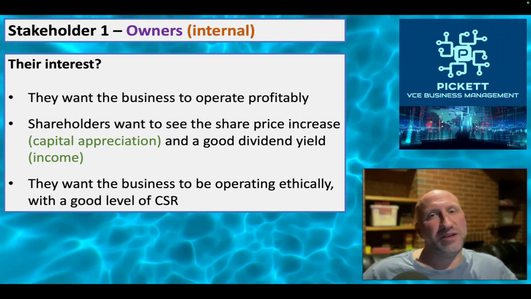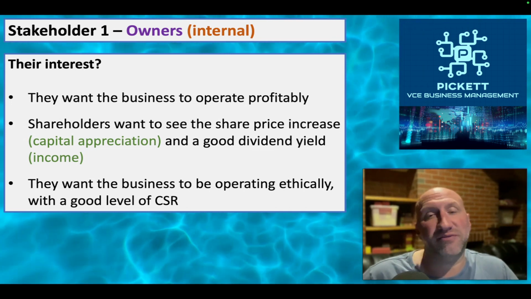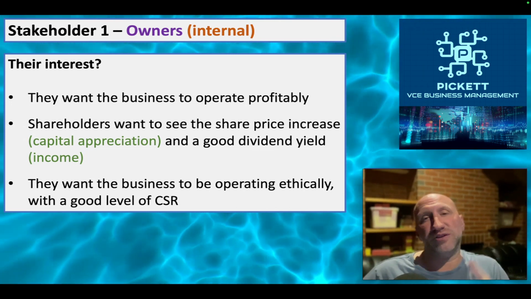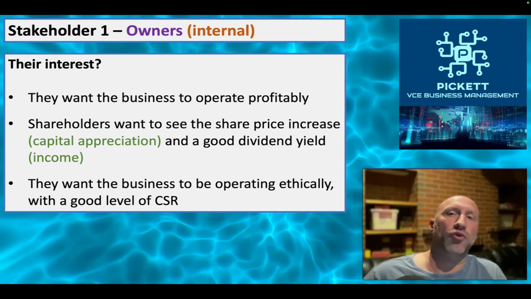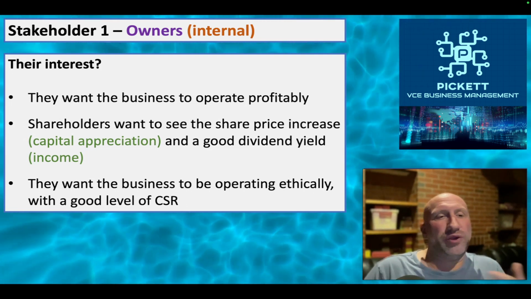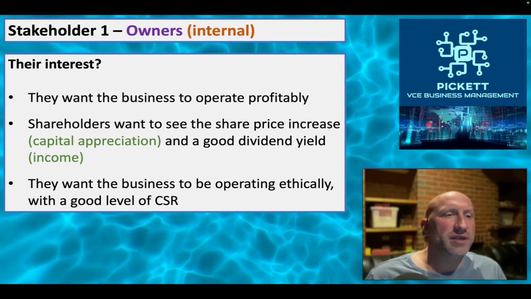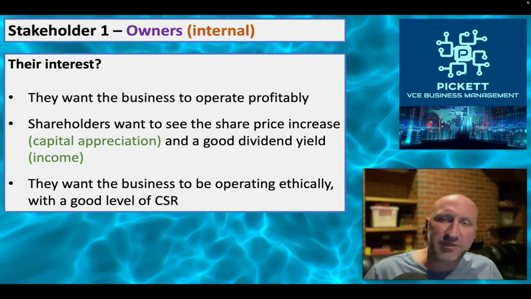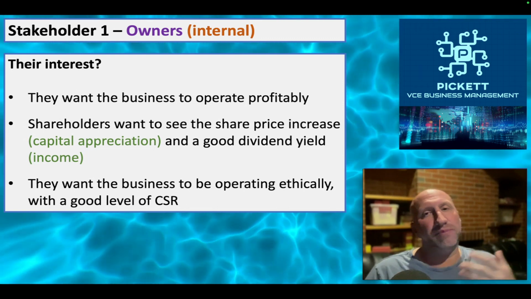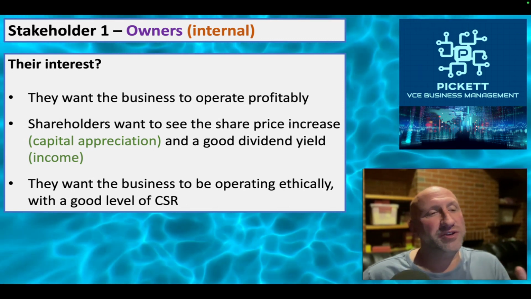So they might say in June pay a 4% dividend. So for every dollar in shares that you own, you would receive a 4-cent return. That's what we call dividend yield, and that's a form of income. So basically, shareholders are looking for capital appreciation plus some kind of income in the form of a dividend yield.